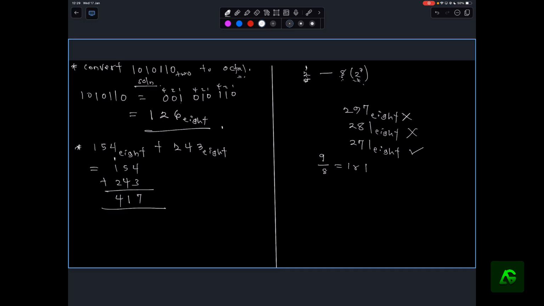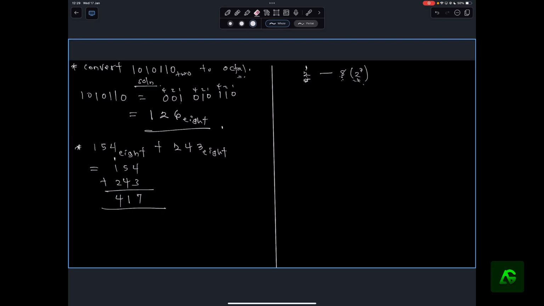So let us look at subtraction. Just one question, then we'll move on. So let's say we have 2007 base 8 minus 1776 base 8.